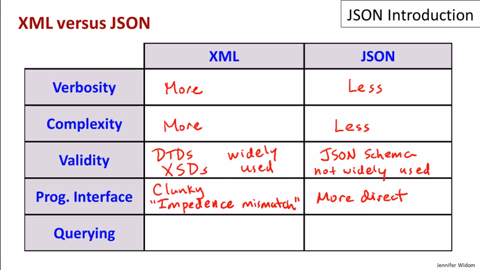Finally, let's talk about querying. I already touched on this a bit, but JSON does not have any mature, widely used query languages at this point. For XML, we do have XPath, we have XQuery, we have XSLT. Maybe not all of them are widely used, but there's no question that XPath at least and XSLT are used quite a bit.